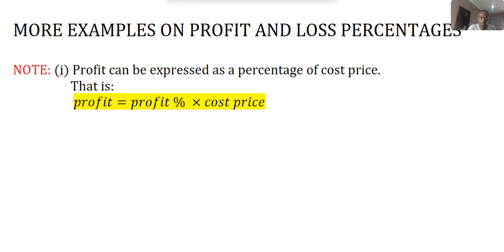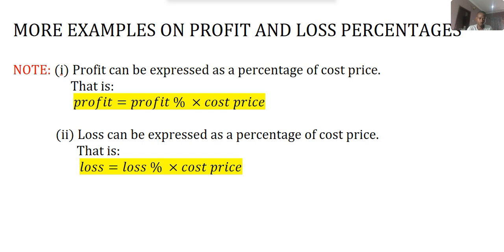So when it comes to loss, we also follow the same steps. The only difference is that this time around we'll be making use of loss percentage instead of profit percentage. So we'll be using loss percentage to multiply the cost price in order to get the loss.